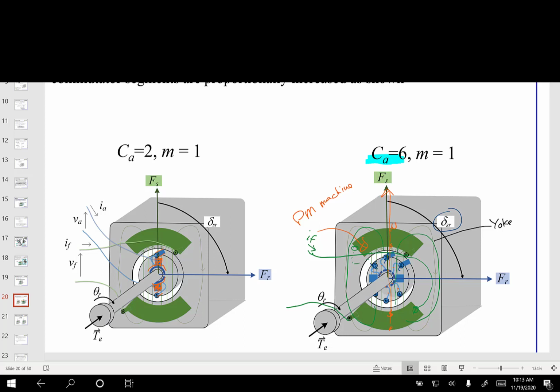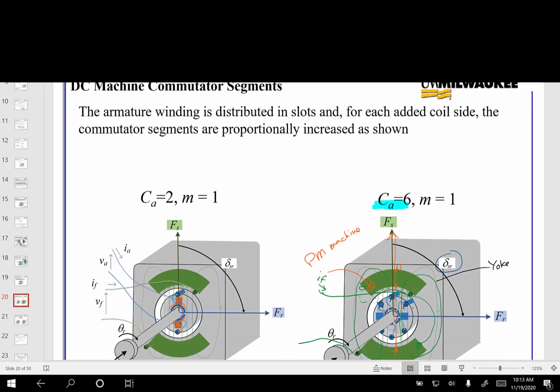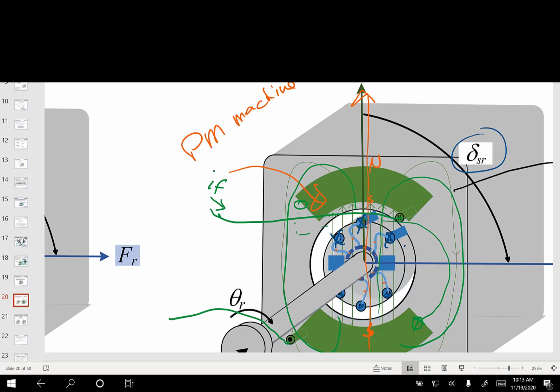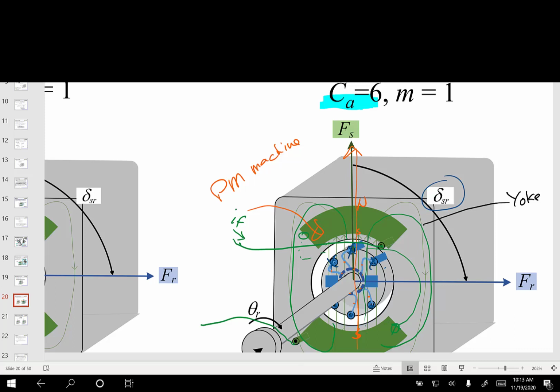It's kind of like a turn, but we're going to call it a commutator conductor segment, C sub A. The other thing is the armature winding may have more than one layer, each one of these is one turn, so there's a conductor turn per slot, but if you have more than one, you might double them up, so you might have 2 or 3, and that's what this M is right here.